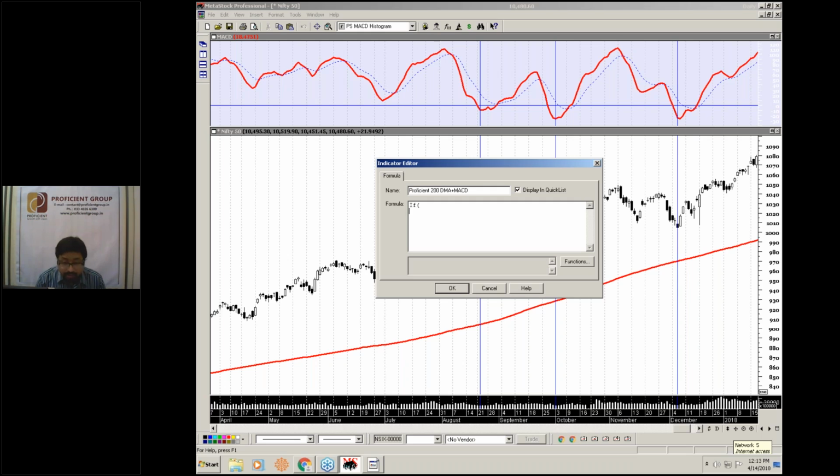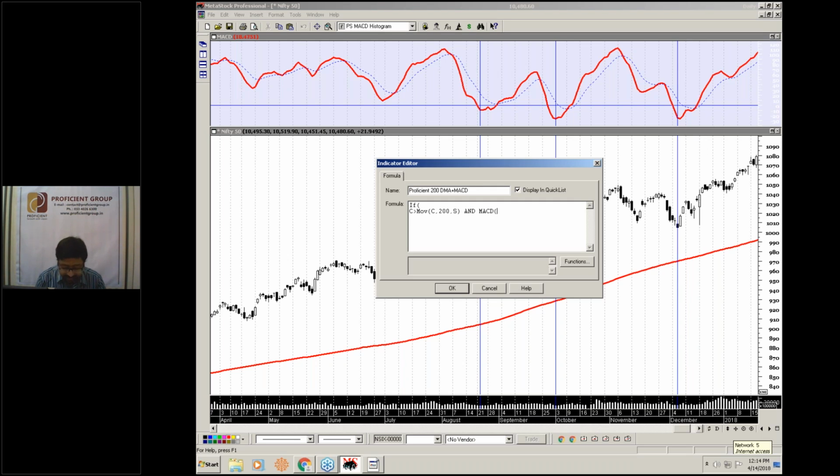If closing price is greater than the moving average of 200-day denomination, based on closing price and simple calculations, if closing price is greater than the 200-day moving average, and I can use an AND function to combine two different logics.